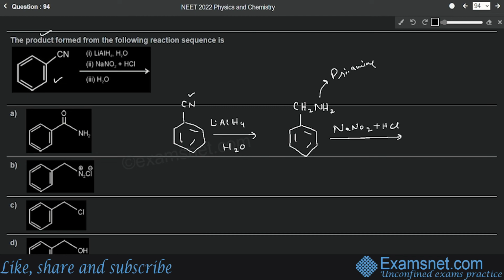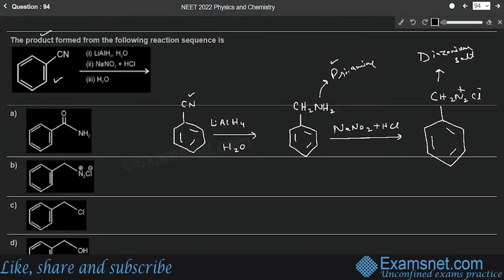Okay, so what happens when a primary aromatic amine reacts with nitrous acid plus HCl? It forms a diazonium salt, right? So next, a diazonium salt will be formed. That means CH2N2+Cl-. Okay, this is a diazonium salt.